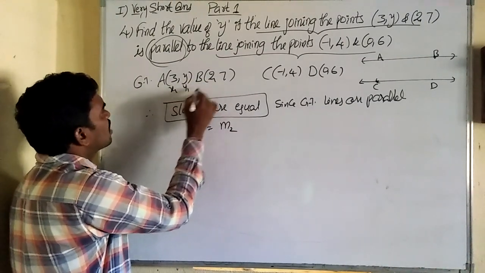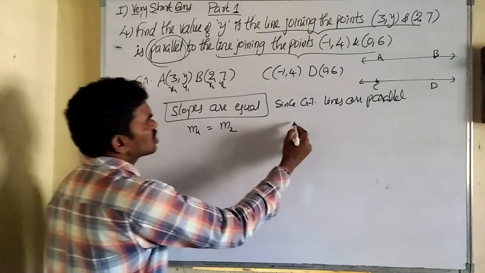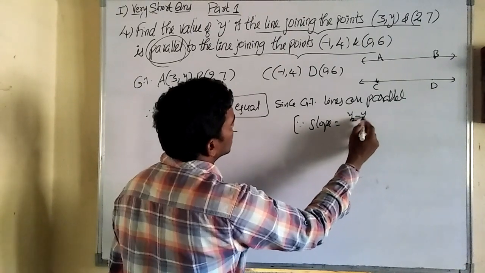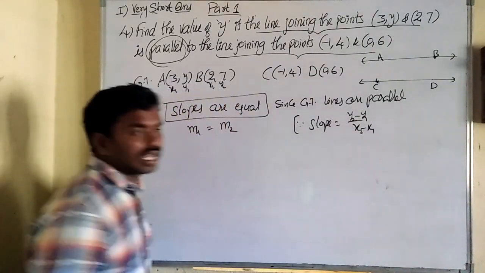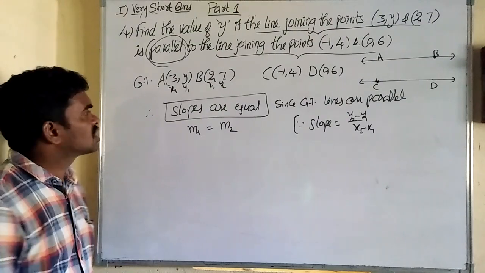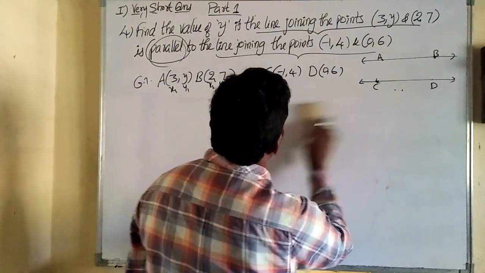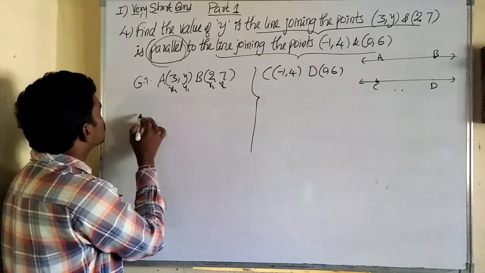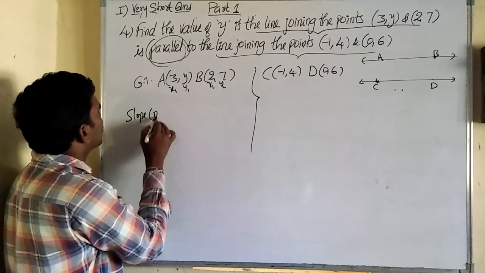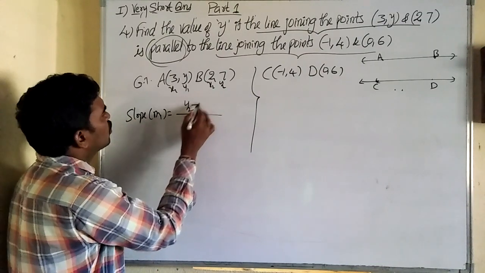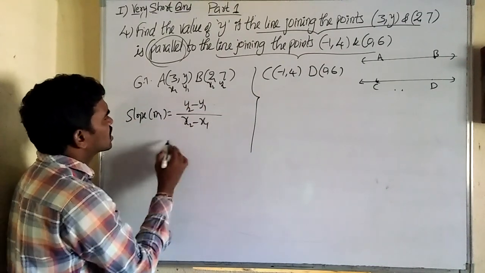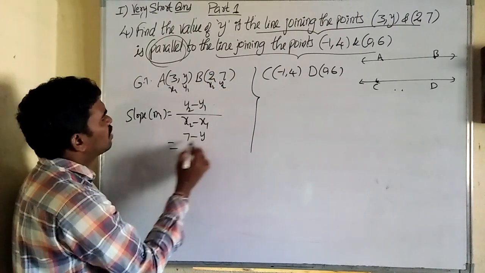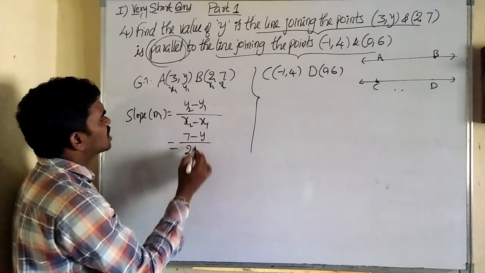This is taken as x1 y1, this is taken as x2 y2. For your convenience, first I am finding slopes individually. Slope m1 is equal to y2 minus y1 by x2 minus x1. What is y2? 7 minus y1, which is y, by x2, 2 minus x1, 3.